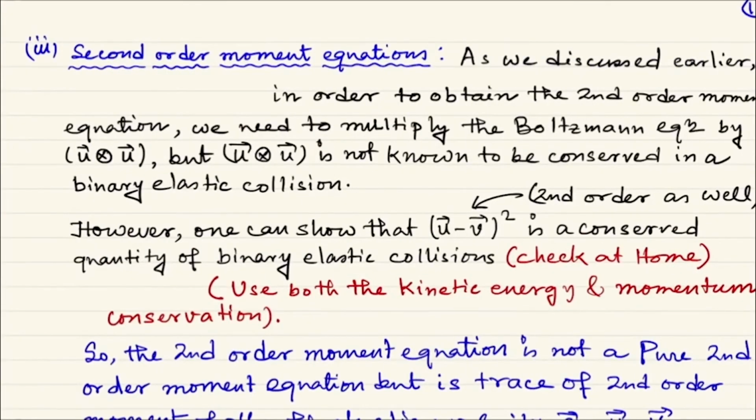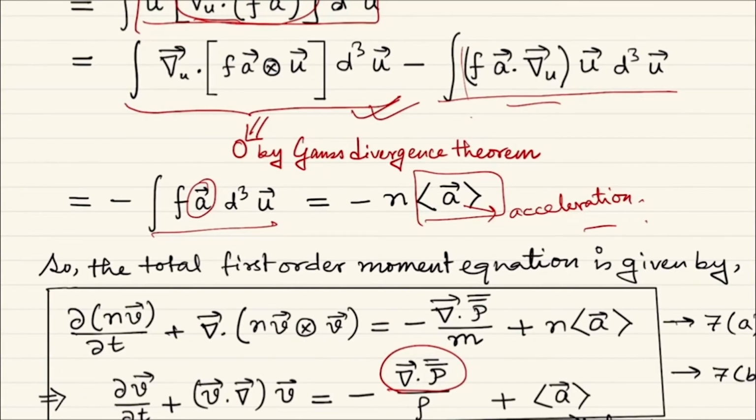Finally, one thing you see is that this is nothing but the momentum equation. Of course, here it should look like some acceleration equation, but it is actually a momentum equation in the sense that this is an evolution equation for the momentum, which is roughly called the momentum equation.